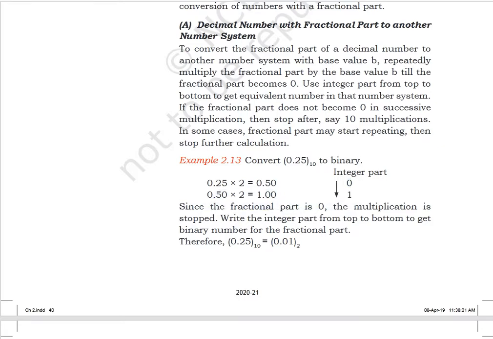For a whole number, what was the procedure? We divide it by 2 and then we collect the remainders. Here we just took the integer part. See, 0.25 into 2 equals 0.50, so the integer part here is 0.